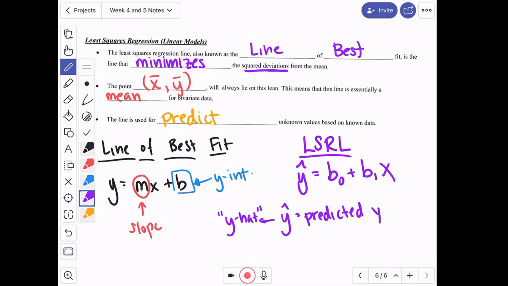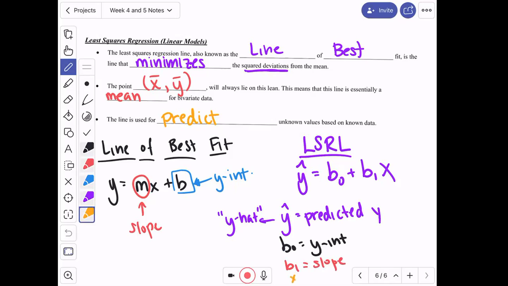It is a predicted y value, some predicted y. And B0 is the y-intercept. And B1 is the slope.